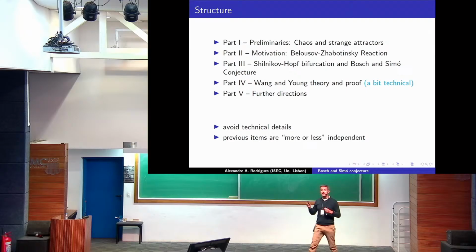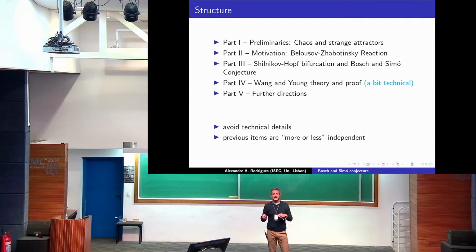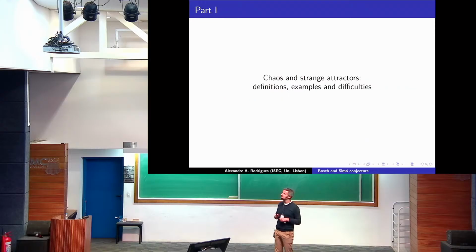And these parts are more or less independent. So if you get lost in part 1, you can come back in part 2 and so on. So I'm going to define chaos and strange attractors: some definitions, examples, and difficulties.